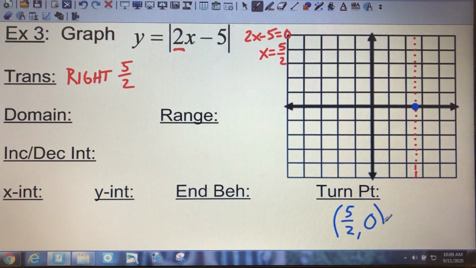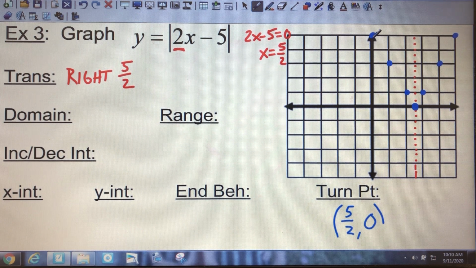All right, so we go right 5 halves, and this is kind of where an XY chart would help us out. That 2 is your slope. So if we go up 2, right 1, we're going to get to this point here. That's a nice point. Now you can see we go up 2, right 1, and then we have the reflection on the other side. But that's how we graph this.